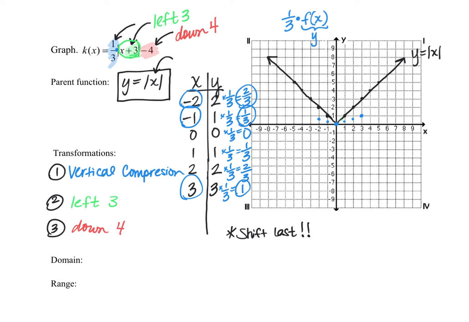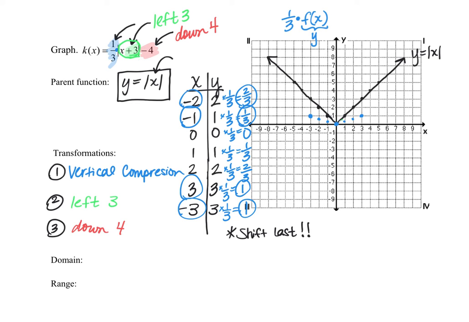Now we could have also done -3. The absolute value of -3 is 3. And notice when you do the compression there and you multiply by 1/3, my output is 1 again. So when x equals -3, my y value is +1.